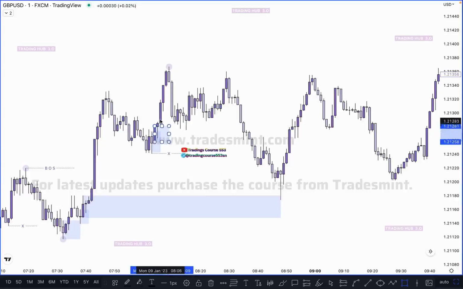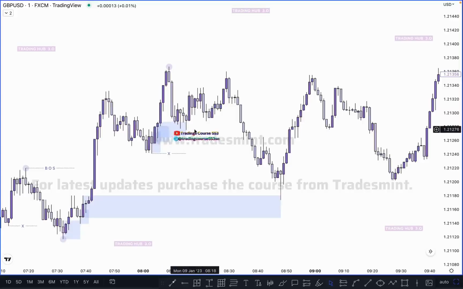But this one is also mitigated by the small pullback, and this one too, and this candle is also a valid order block here. Okay, so only two order blocks are here for the buy, because these two order blocks took out the liquidity, and you can definitely buy here because of proper imbalance, liquidity taken out, and break of structure. When price taps here, you can buy here.